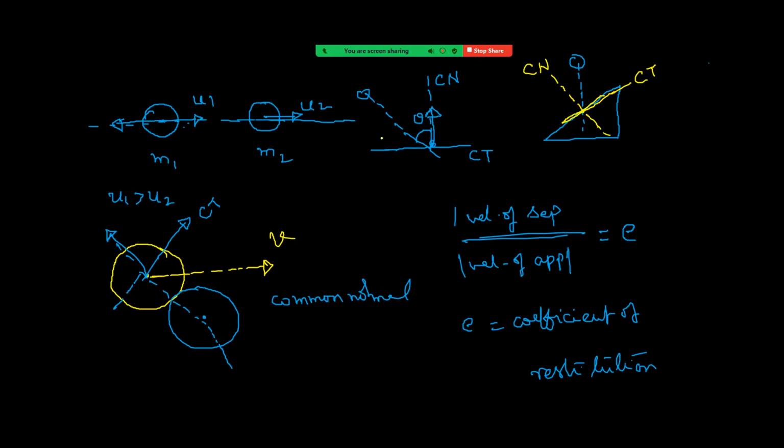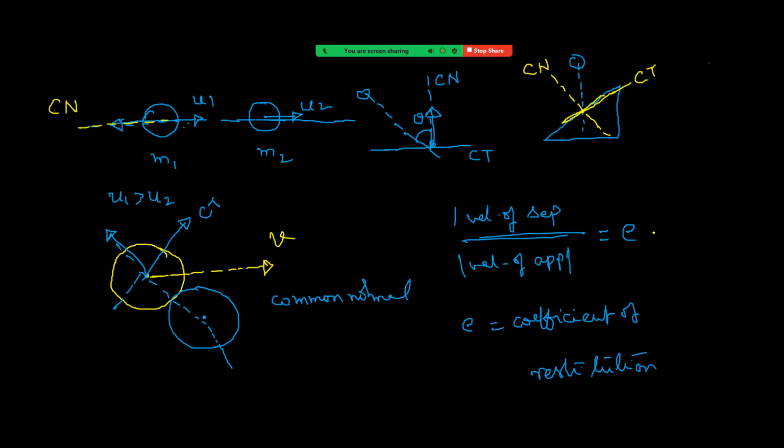And when we are taking only a one-dimensional collision, the line along which we have the velocities is the common normal direction. Means in one-dimensional collision, velocities are along the common normal. Okay. So when you are taking velocity of approach or velocity of separation, we focus along the common normal.